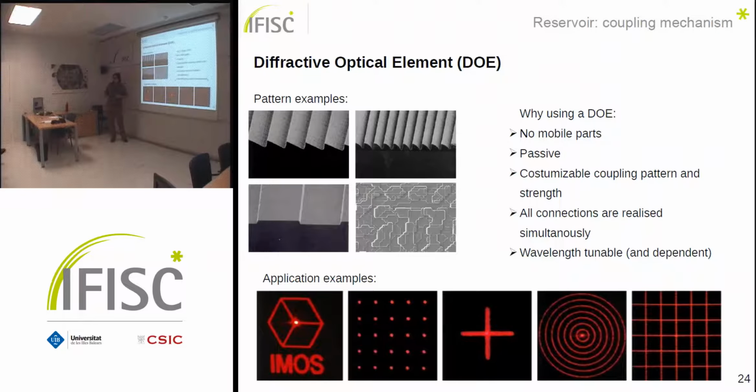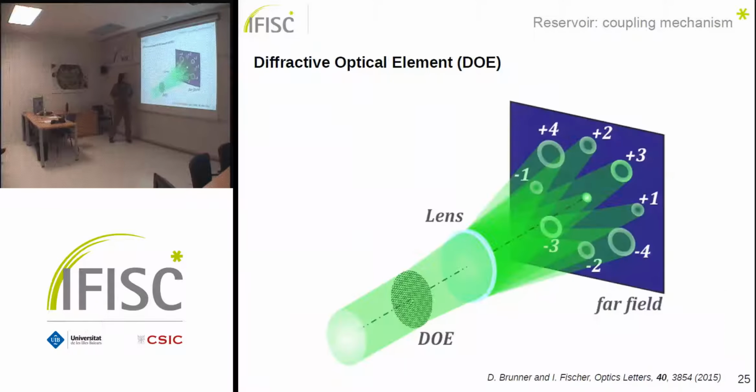But the DOE that we are going to use for this creates something like this. So imagine, in this case, our DOE creates an image, something similar to that, and more precisely this. Light from one node in our reservoir, when going through the DOE, in one image, we will have a point of light in the center, but then some of the light will be diffracted to create points left, right, up, and down of the central point.